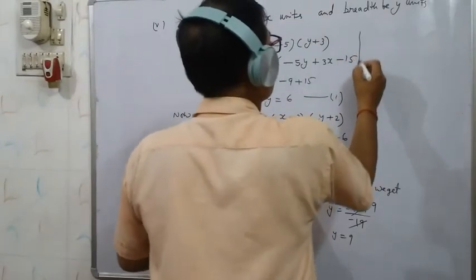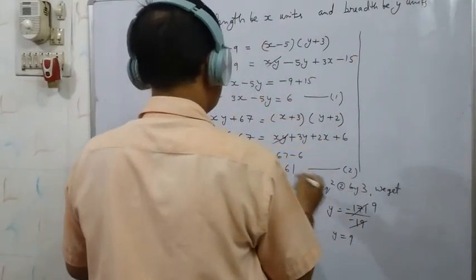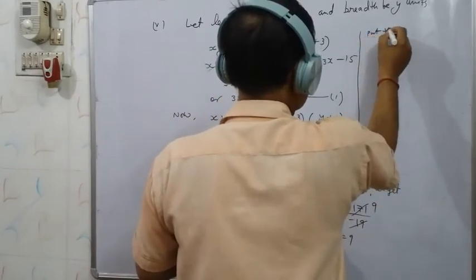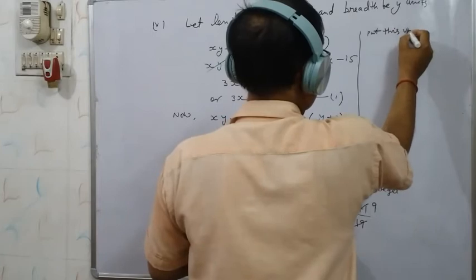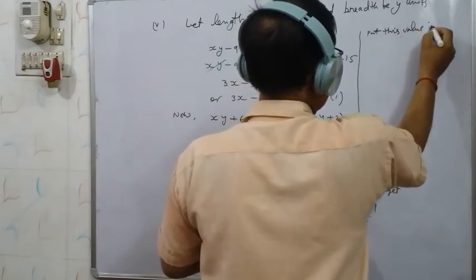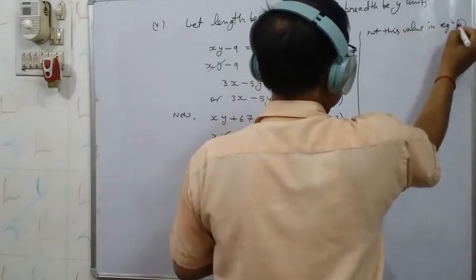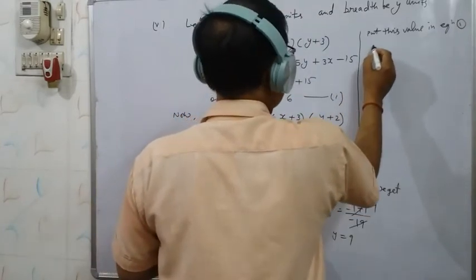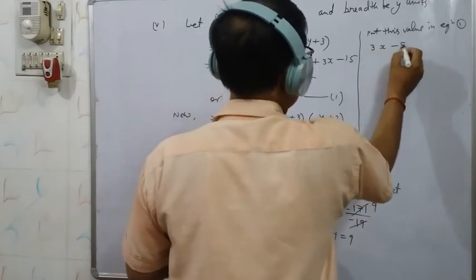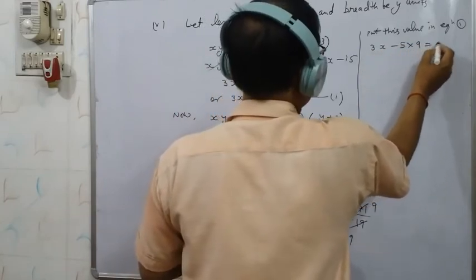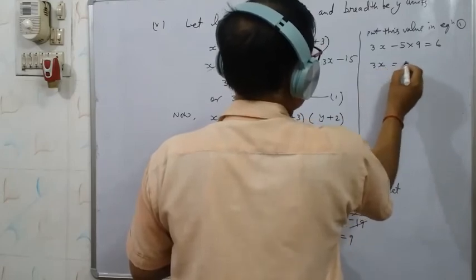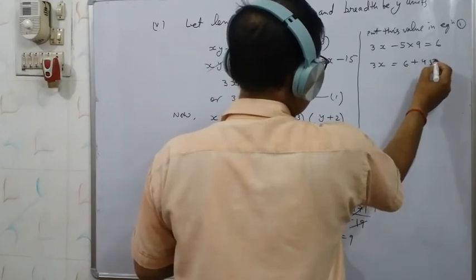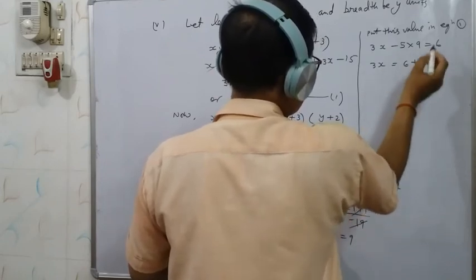Now we can put this value in any equation. Put this value in equation 1. Which value? The y value, 9. So 3 into x minus 5 into 9 equal to 6, or 3x equal to 6 plus 45, since 9 5s are 45, and this side it will go positive.